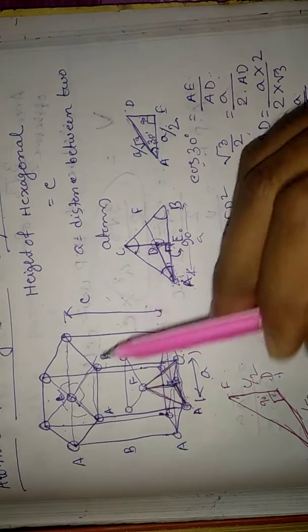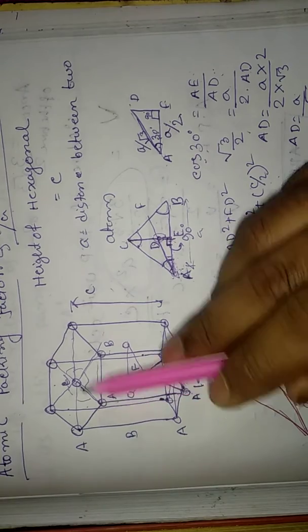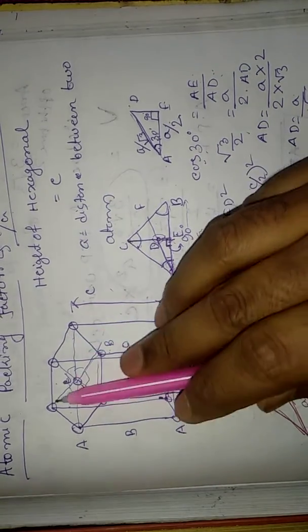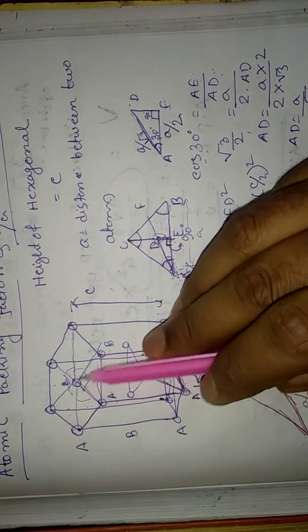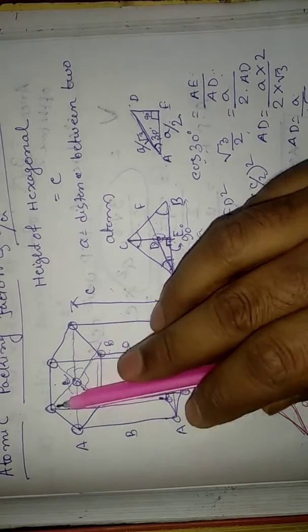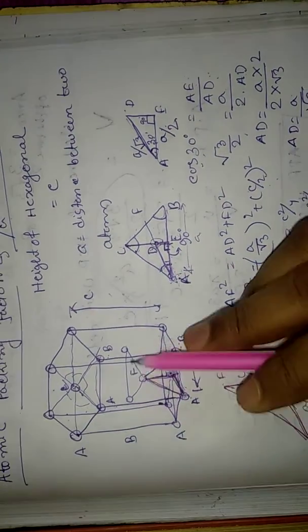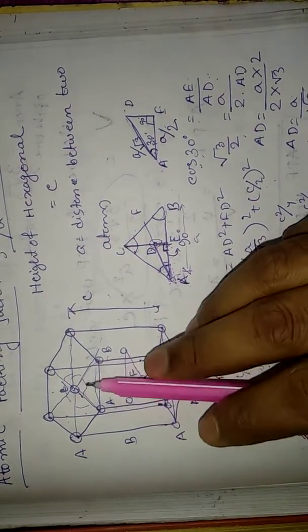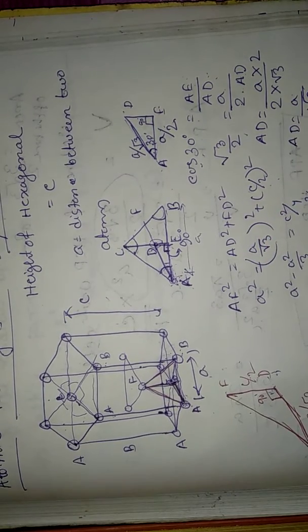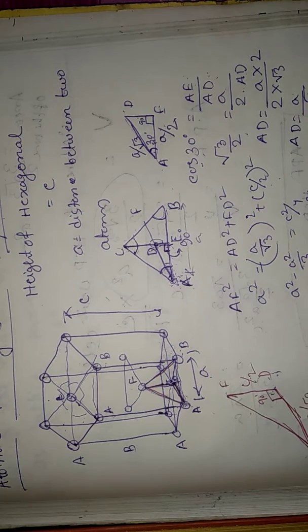If you draw lines from the center atom to the corner atoms, they divide the base into 6 equilateral triangles. Each individual one is an equilateral triangle. So how do you calculate the area of one equilateral triangle? That is basically the area of the base, into the height of the unit cell.